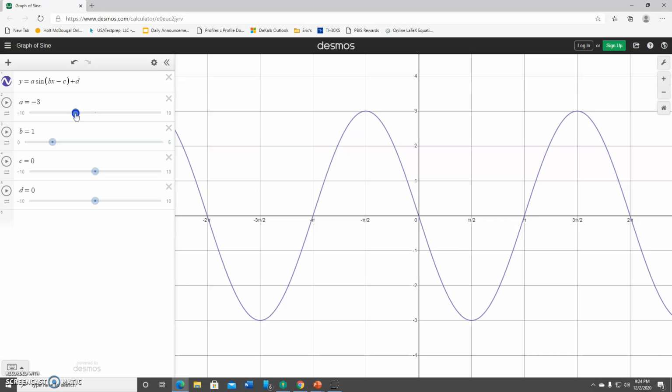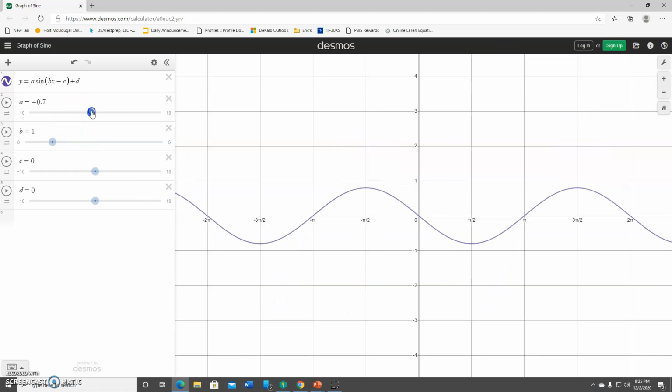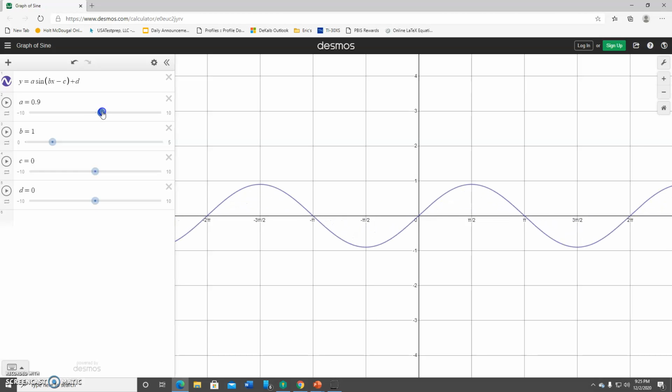But notice, if I made my A negative 3, the distance between the midline and the max is still a distance of 3. The negative tells us it reflects. The 3 just lets us know how far to travel from the midline to the max and from the midline to the min. So that's our A. I'll put it back at 1. There we go. Now let's look at B.